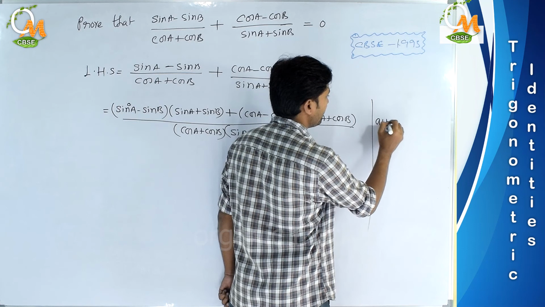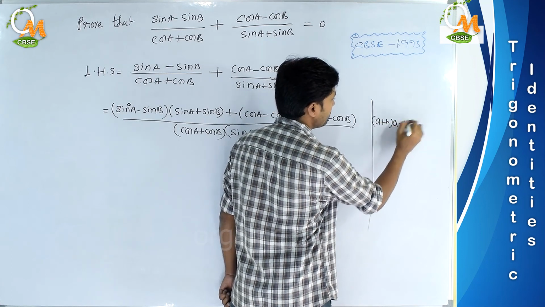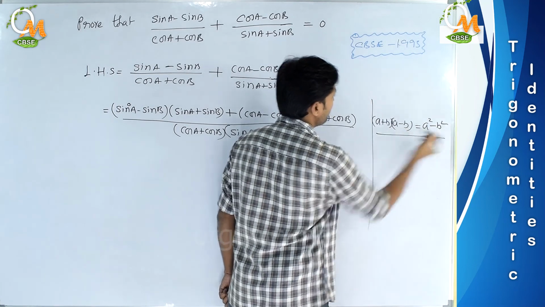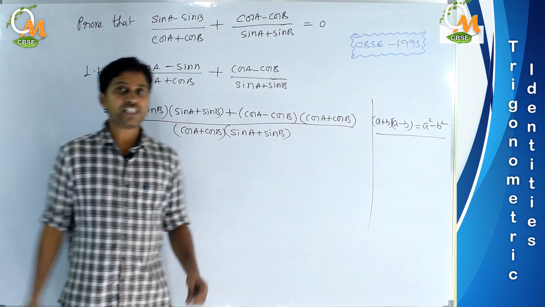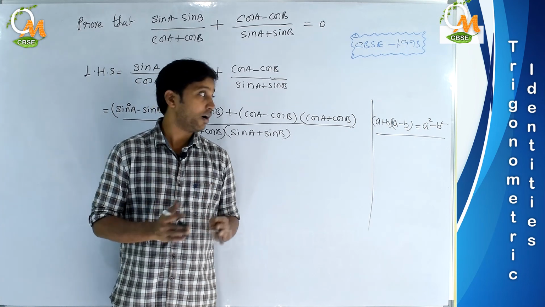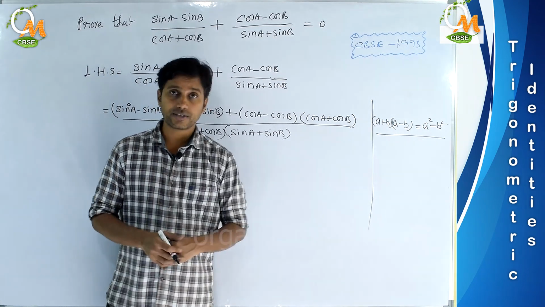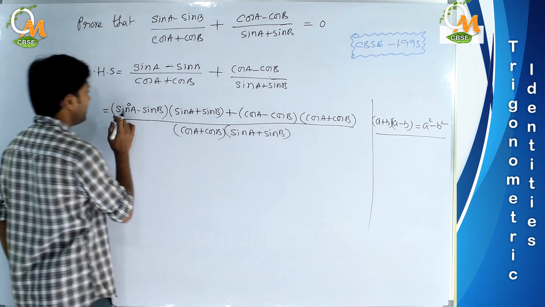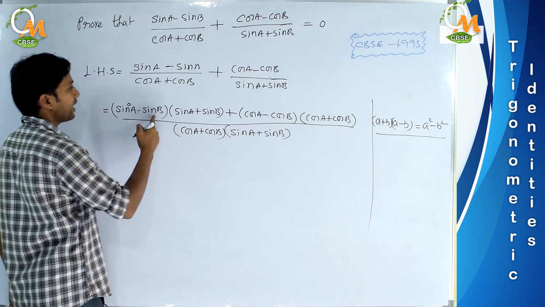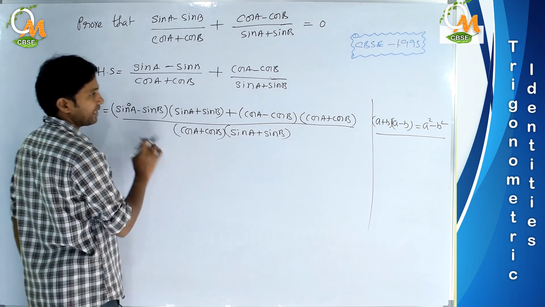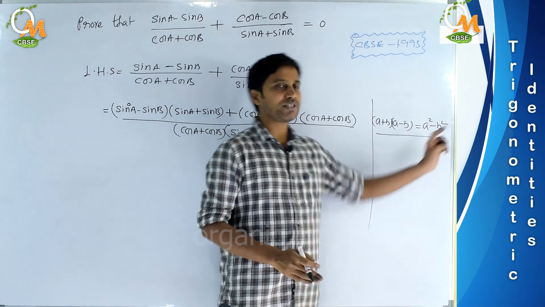A plus B into A minus B, which can be written as A square minus B square from the algebraic identities. It's a standard formula. If you consider sin A as A and sin B as B, can we write it as A square minus B square or not?